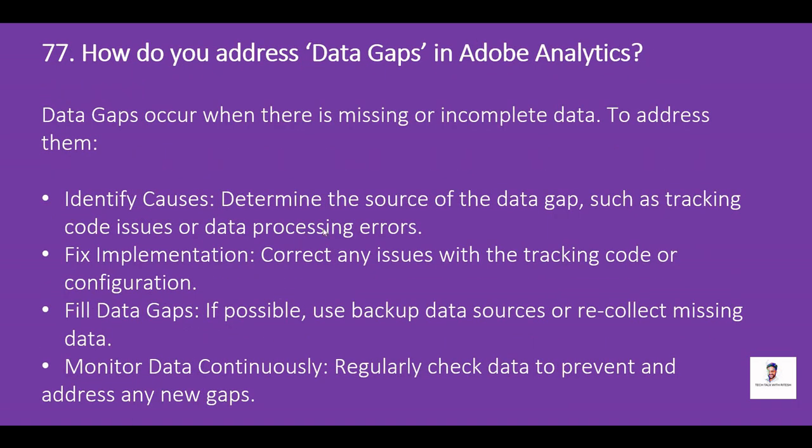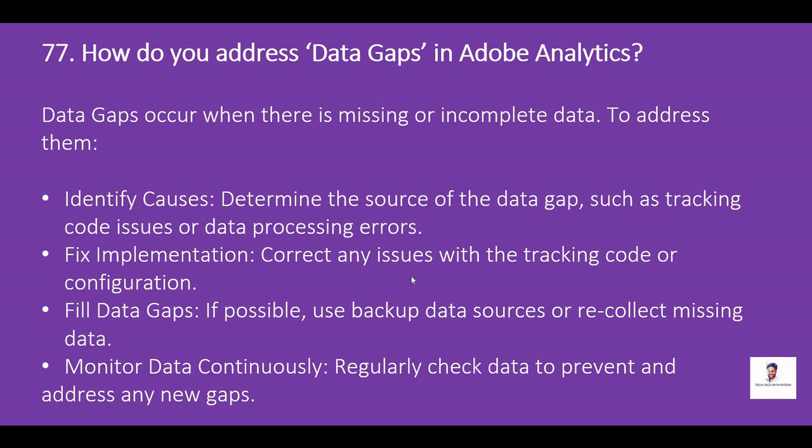How do you address data gaps in Adobe Analytics? Data gaps occur when there is missing or incomplete data. And to address those issues: identify the causes. Determine the source of the data gap, such as tracking code issues or data processing errors, right? Maybe some script error. Fix implementations.